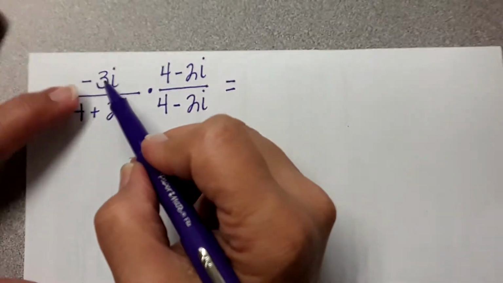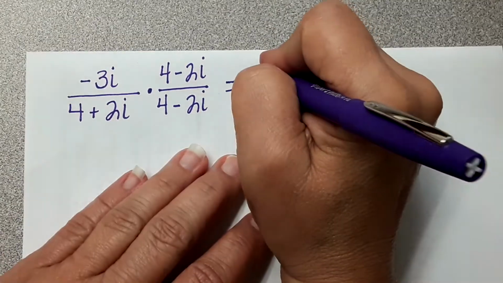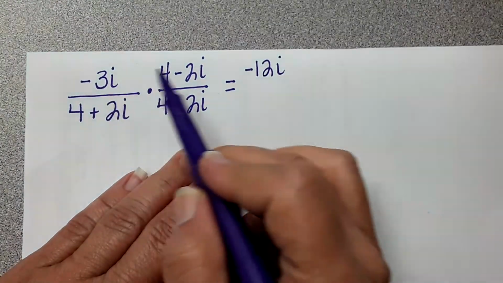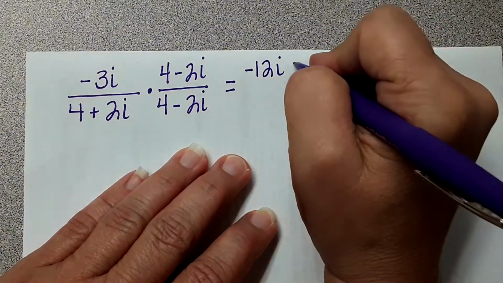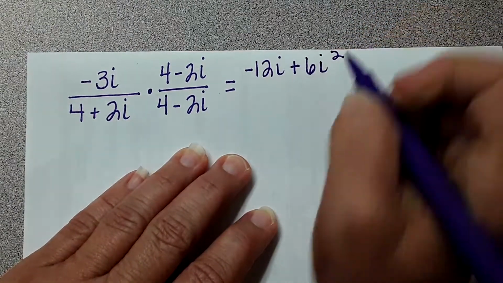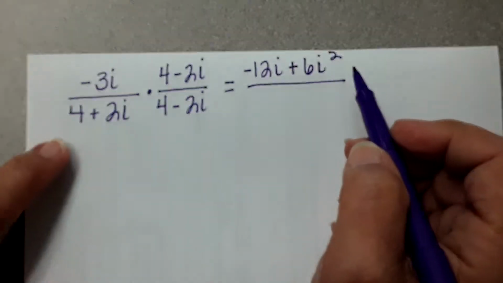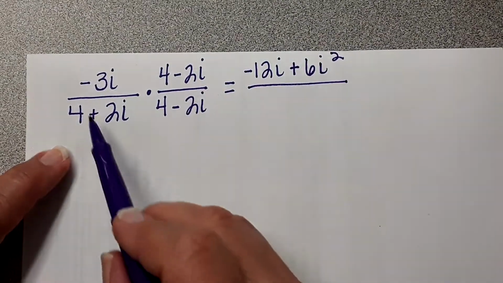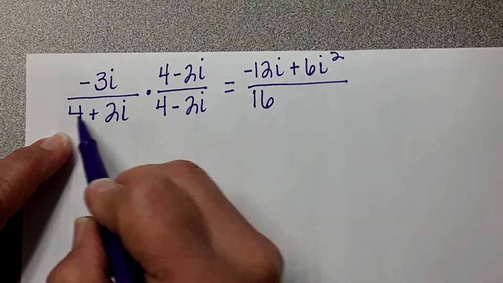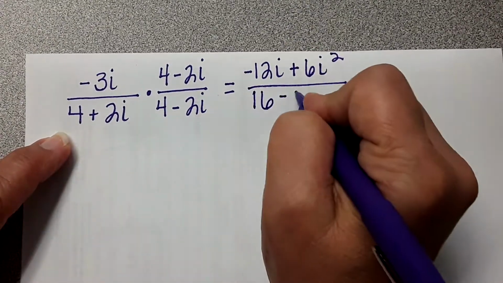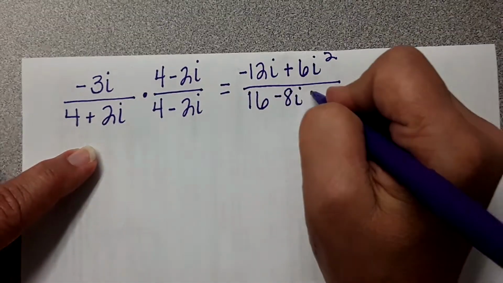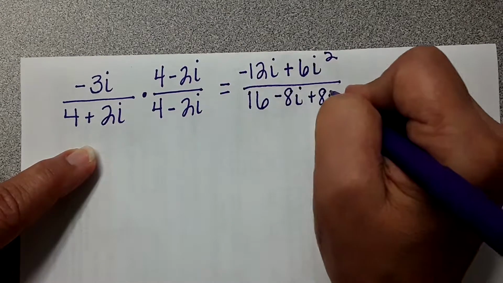Okay, so you should have done negative 3i times 4 and got negative 12i. And then negative 3i times negative 2i and got positive 6i squared over. Now we're going to FOIL. 4 times 4 is 16. 4 times negative 2i is negative 8i. 2i times 4 is positive 8i.